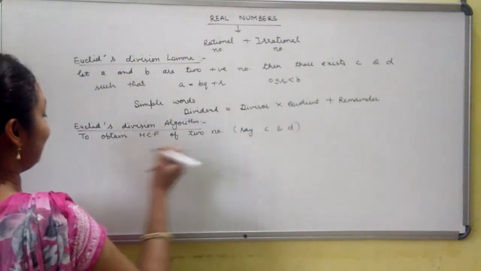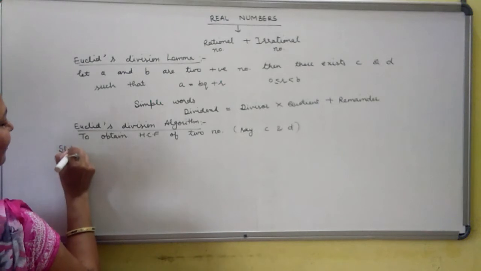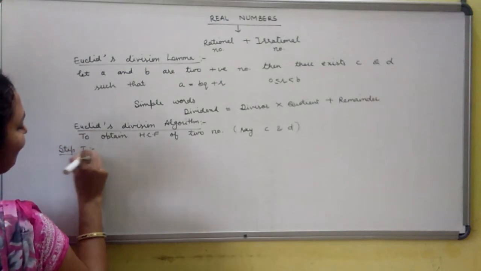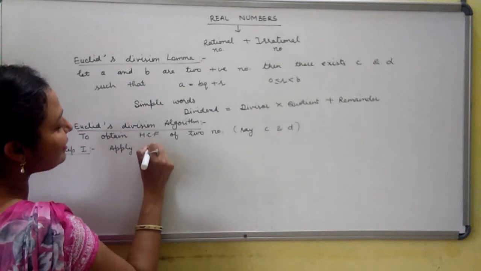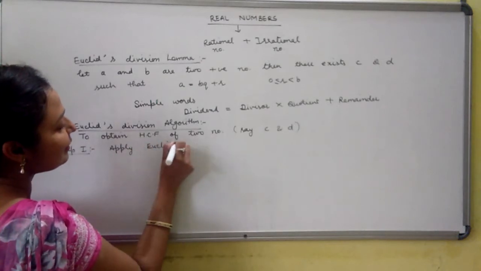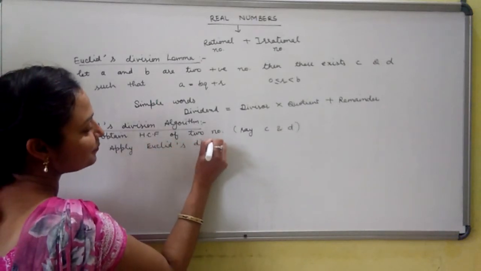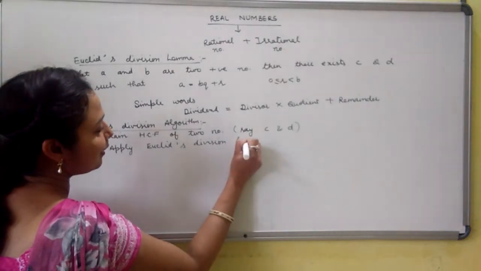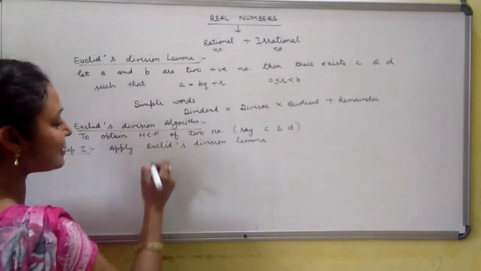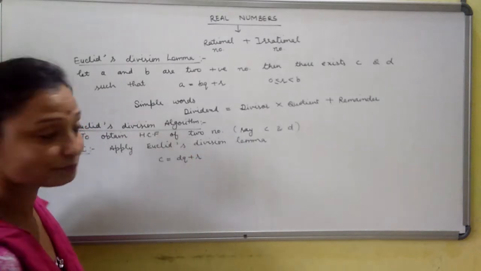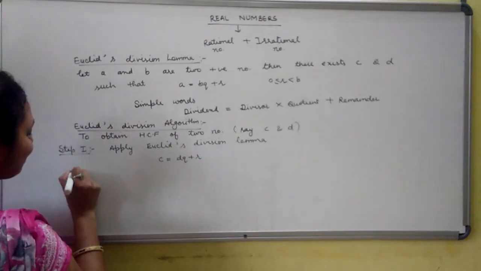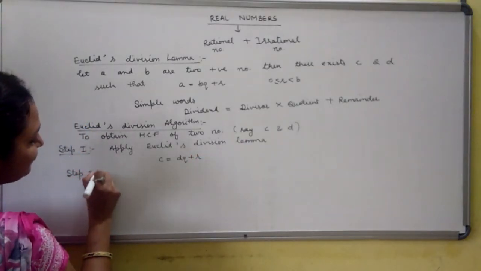Okay. Step 1: apply Euclid's division lemma. So we will get C is equal to DQ plus R, right? Now step 2, we have to check the remainder.